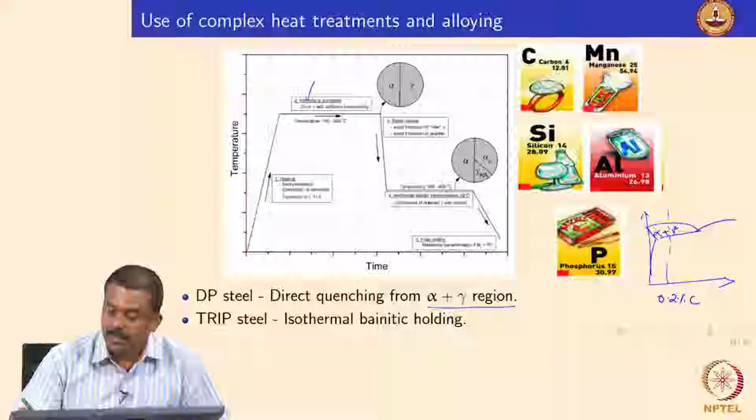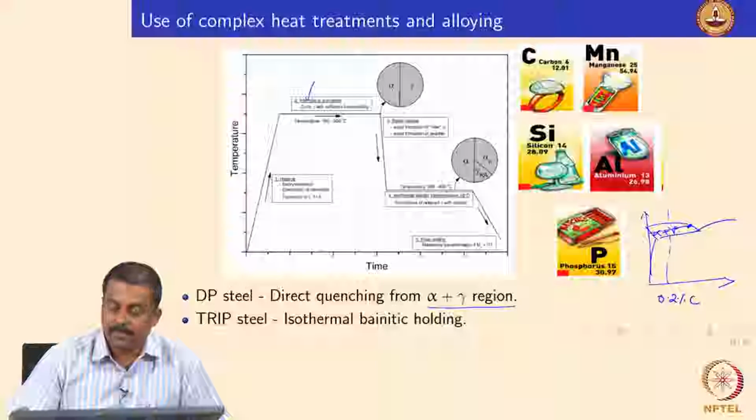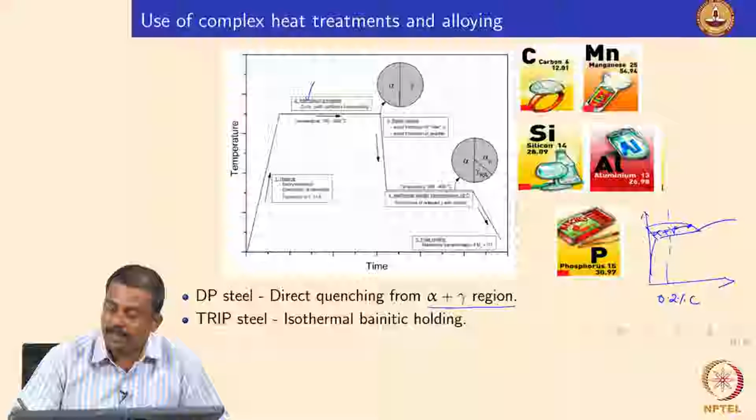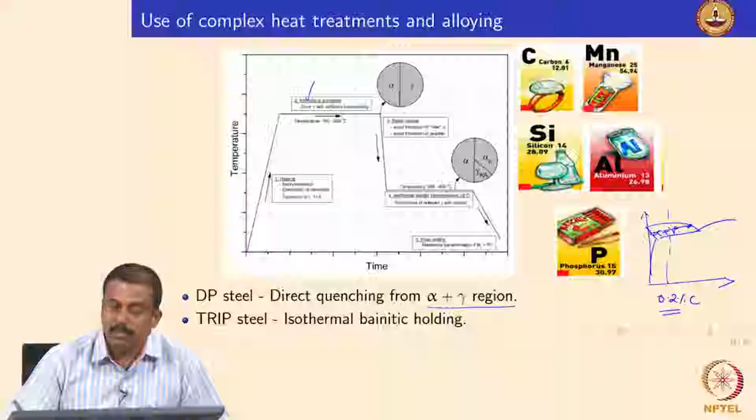If you hold it here, you form austenite with an enriched amount of carbon. The carbon in austenite is always higher than in ferrite, so even though you have 0.2% bulk carbon, your austenite carbon concentration will be slightly higher than the bulk.